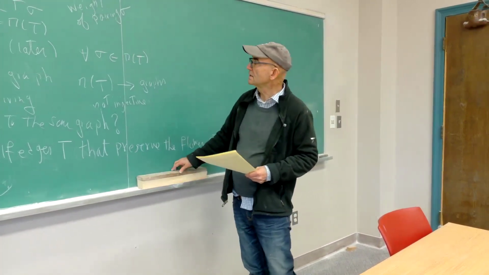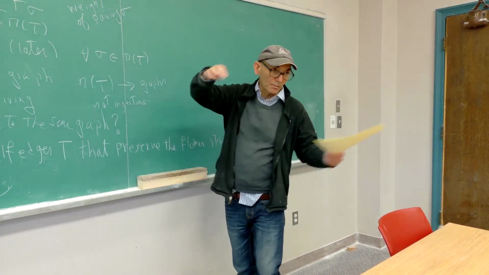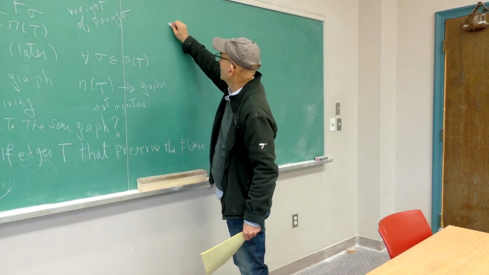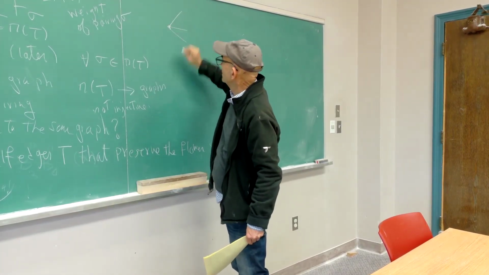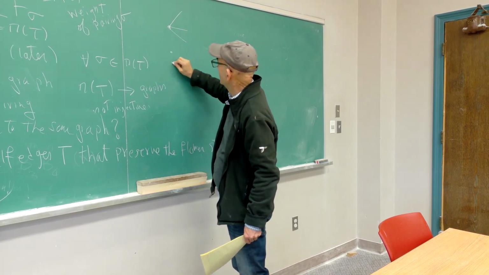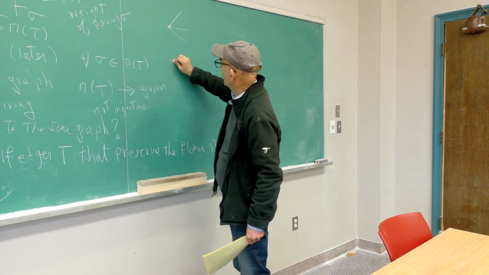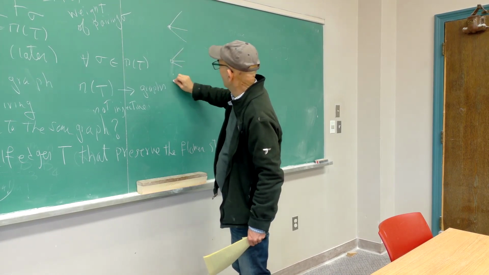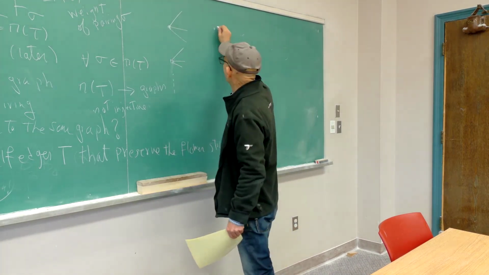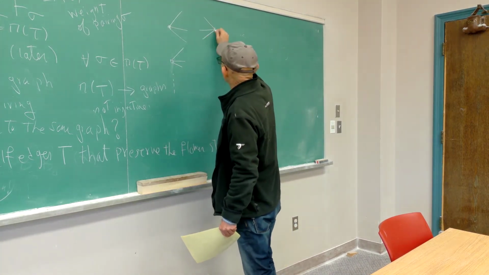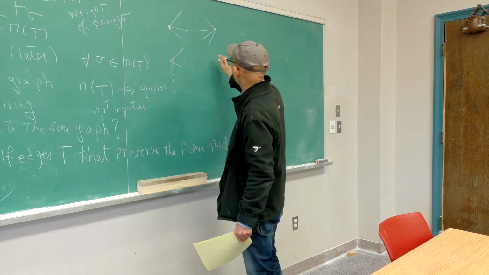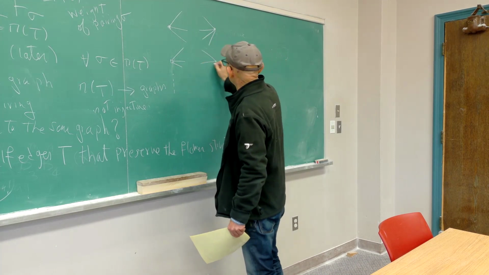What do I mean by this? Well, let's recall the picture that we had. We had one flower here with three half edges, and another one, and so on. We had M of those, and then 4 half edges for each flower here. So flowers with 4 half edges each.